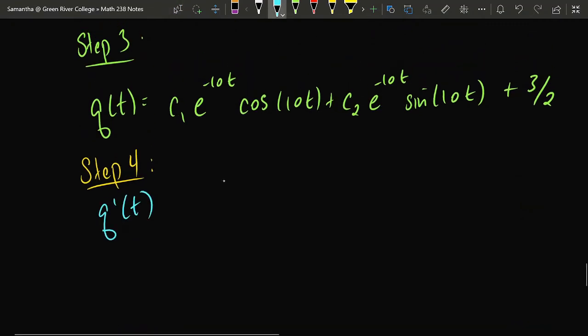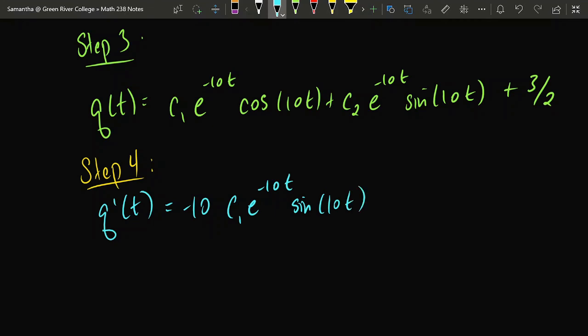So if I calculate the derivative of the first term, I'm going to need to use product rule. So the first times the derivative of the second plus the second times the derivative of the first. That's the derivative of the first product in q of t.